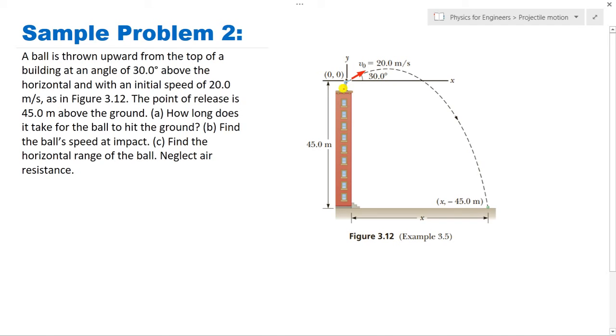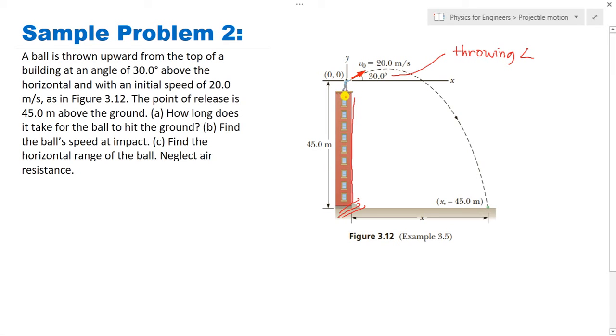So here, this is our building. This 30 degrees is our throwing angle. And then, the point of release is 45 meters above ground. Therefore, 45 meters is the height of your building, from the top of the building to the position of the ball.